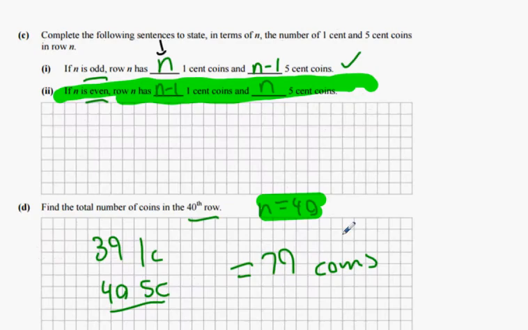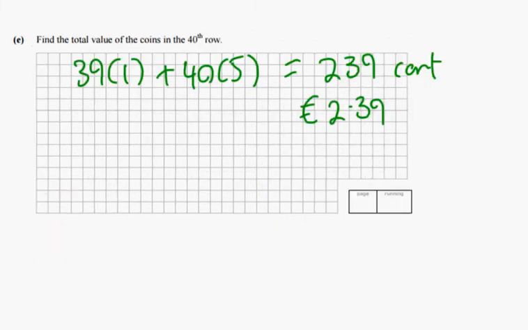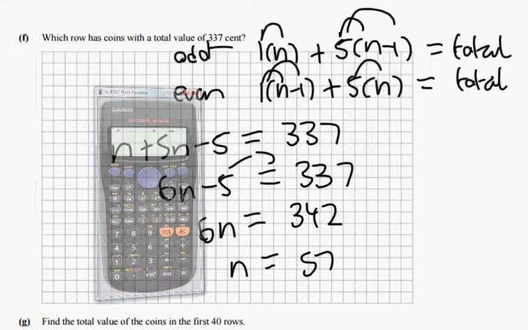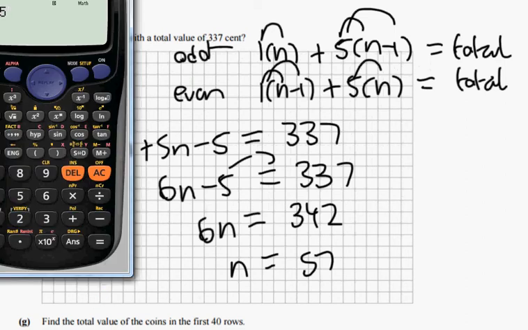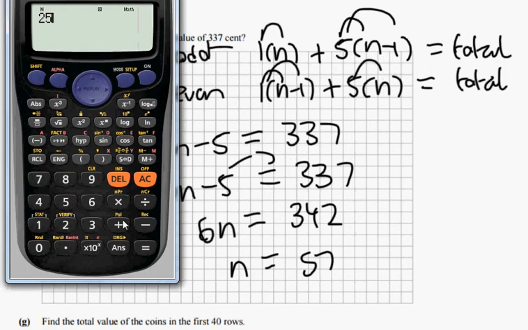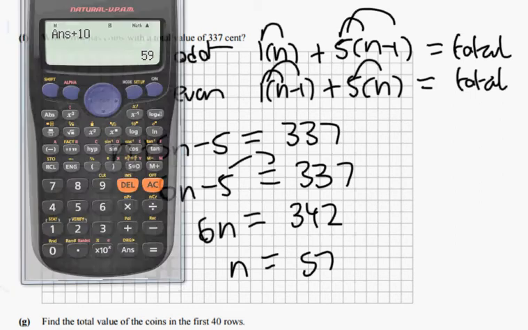This is going to take a good bit of concentration to pull off, but you could do it like this. 25 was the 5th row, and we're about to add on 10. There's the 6th row, the 7th row, the 8th row, the 9th row. And you just keep going. There's the 10th row. You could eventually get up to 337 that way, but that's going to take a long time.